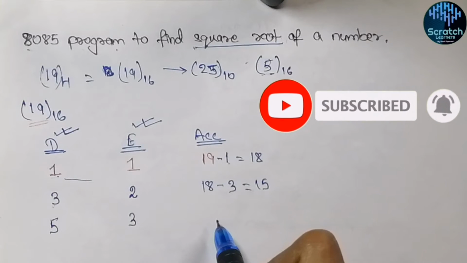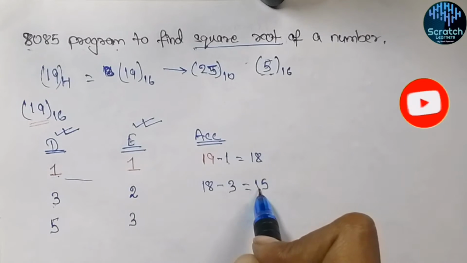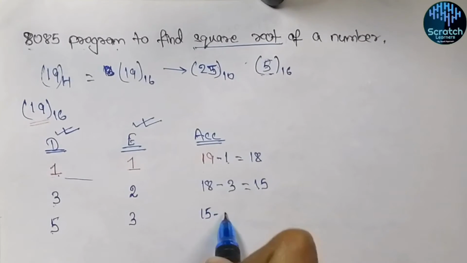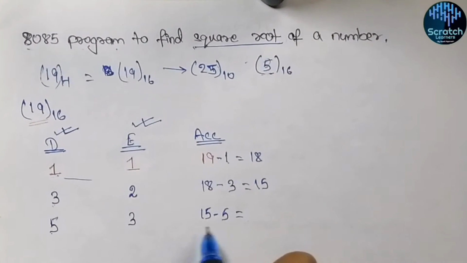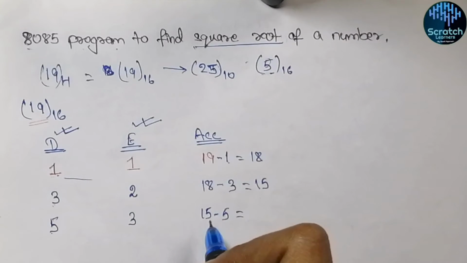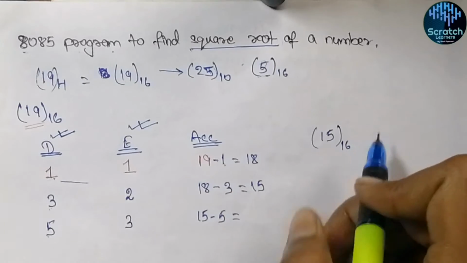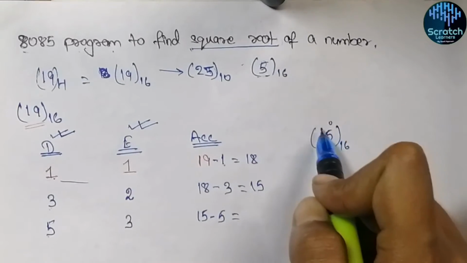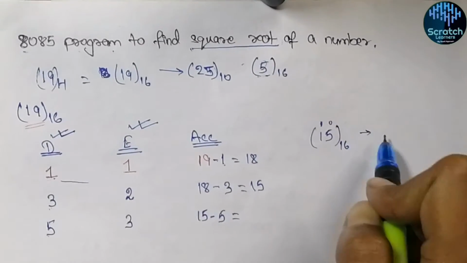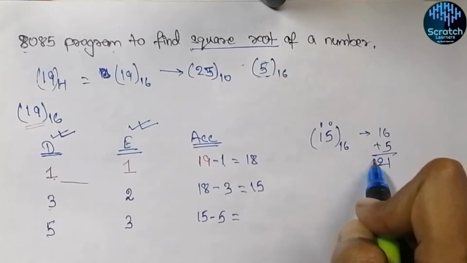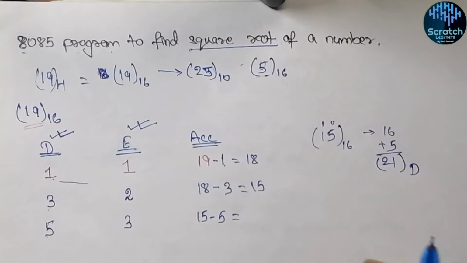And again the next step is to perform subtraction between 15 and 5. So 15 minus 5, and this will be what? See, this number is in hexadecimal, right? So 15 in hexadecimal is 1 into 16 plus 5, that is 21 in decimal.